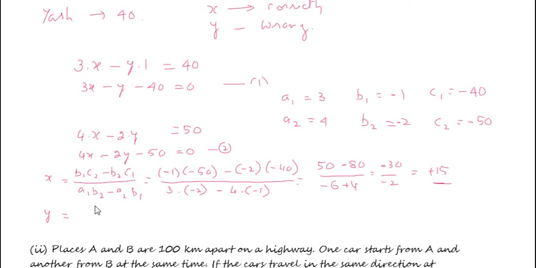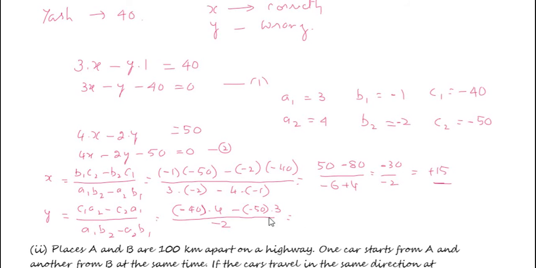Let us calculate y. y equal to c1 a2 minus c2 a1 divided by a1 b2 minus a2 b1, same as above. Now c1 a2, c1 is minus 40, so minus 40 into 4, so it is minus 160, minus c2 a1, c2 is minus 50 into 3, divided by the denominator, minus 2, that does not change.